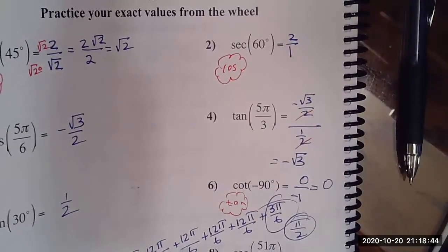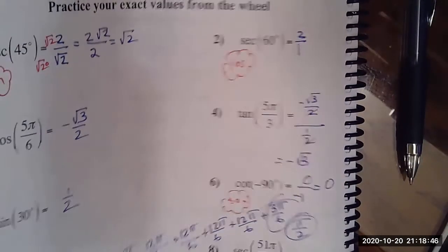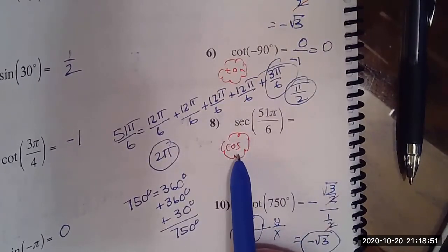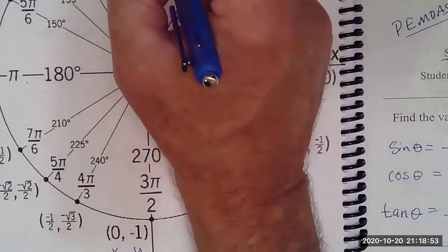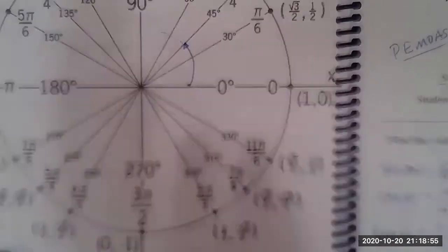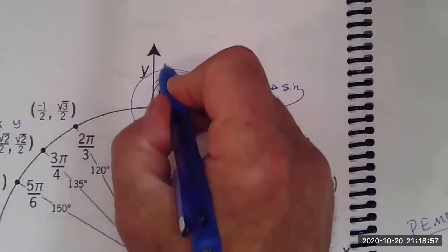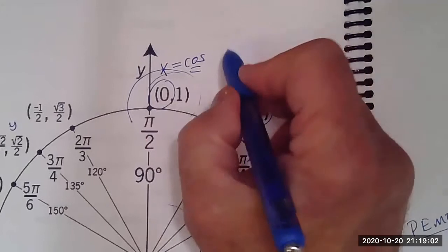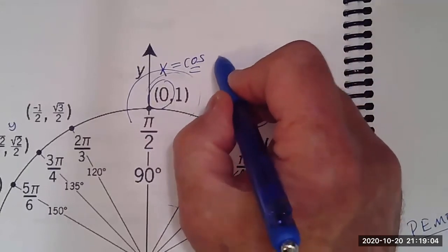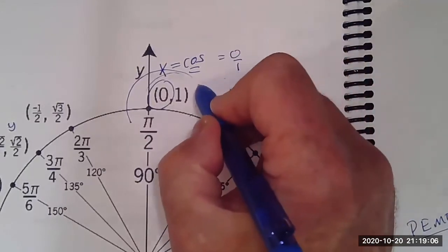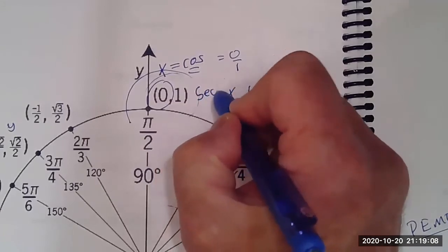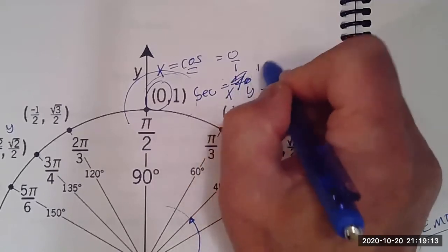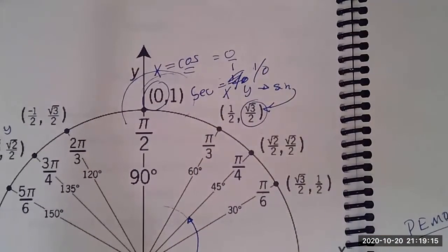We got a secant. When I see secant, I think cosine. So look at the cosine and take the reciprocal. Here's your x, x equals cosine. So if cosine is equal to 0 over 1, then secant is going to be equal to 1 over 0. 1 over 0 is undefined.